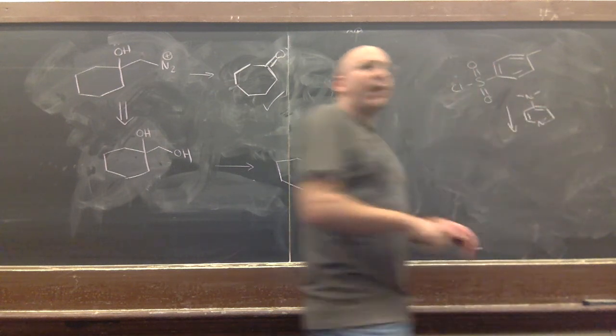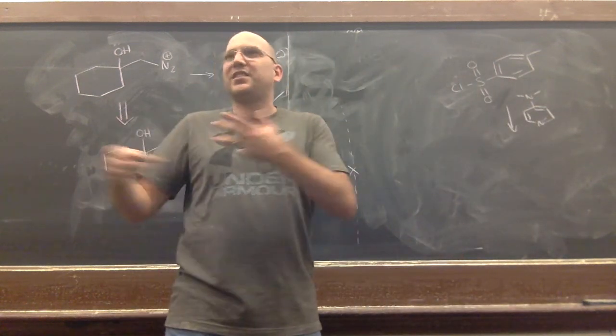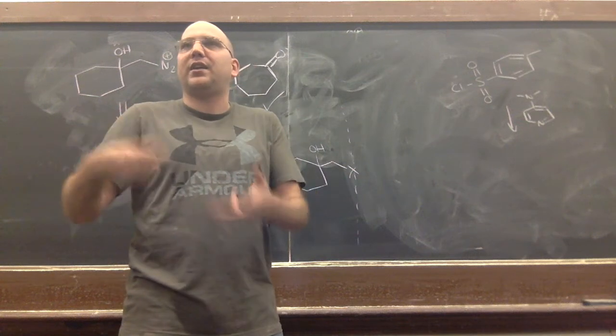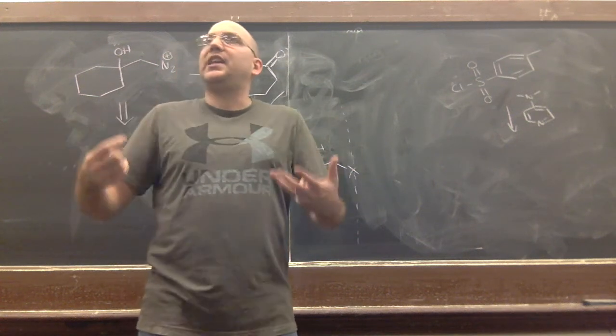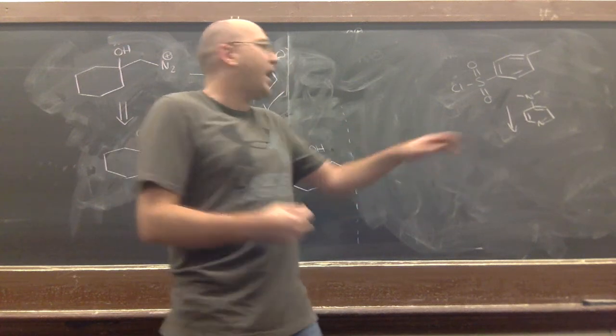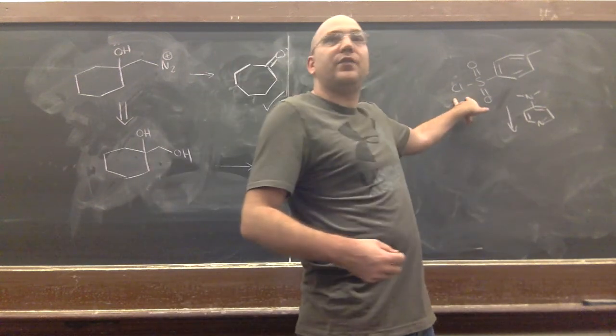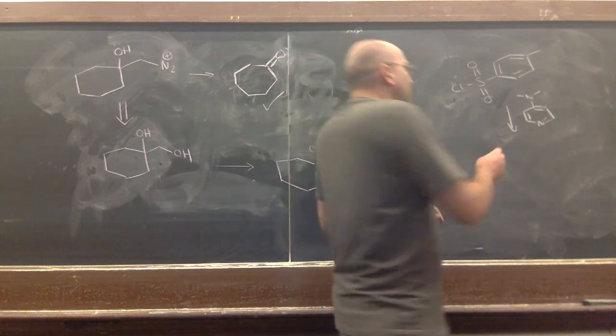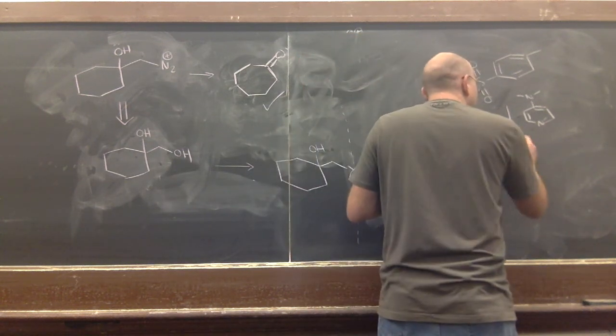What's common is that you activate this with a Lewis base. This isn't something we've discussed, but I figure I'll make a comment here because it is an activating agent that people often use to select for one over another. What happens is this activates this and makes it an even better electrophile.